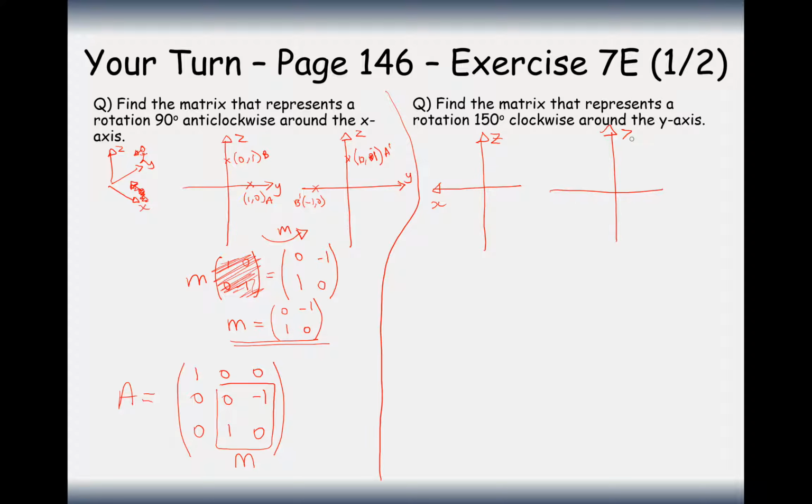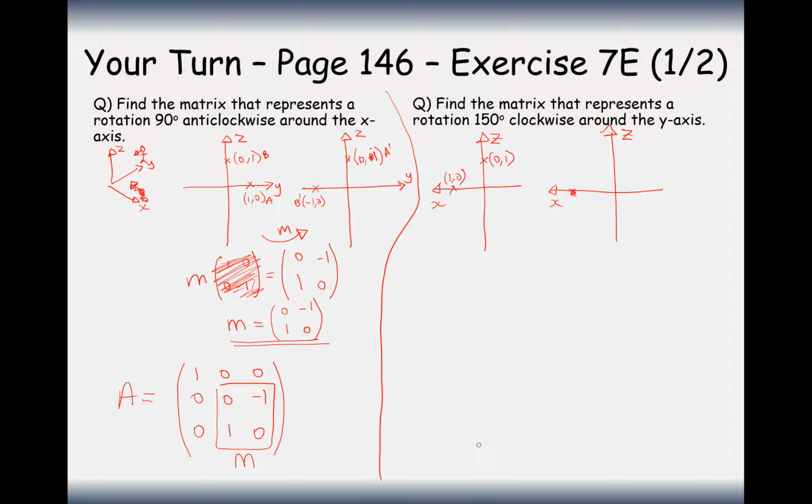Okay, so z-axis above, x-axis to the left, and we start with coordinates of 1, 0 and 0, 1. And remember, it does feel a bit strange to have 1, 0 being on the left, but that's just how it is. And we're looking to rotate this 150 degrees clockwise around the y-axis.